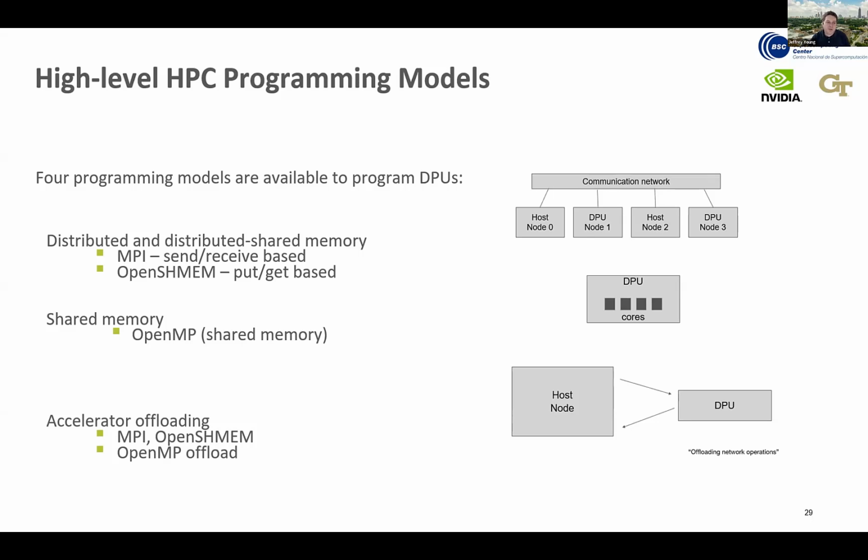A lot of us know OpenMP, sort of shared memory, where you have a single node or a single DPU in this case, and you're running an application across all the cores and some amount of memory within that system. And then this concept that we all know and love with things like TPUs, GPUs, CPUs, and FPGAs, accelerator offloading. And this is probably one of the most interesting applications that we think for SmartNICs.